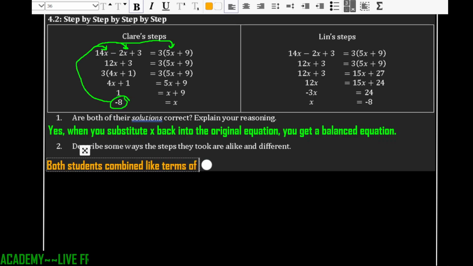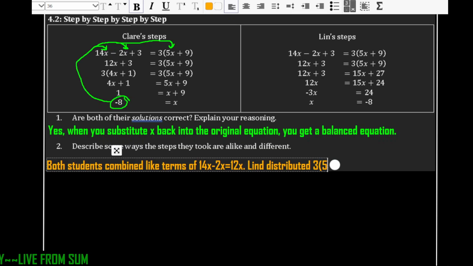When they took 14x minus 2x, they both got 12x. You can notice that in that first step that they did. And then some differences: Lynn distributed the 3 times 5x plus 9 to equal 15x plus 27.